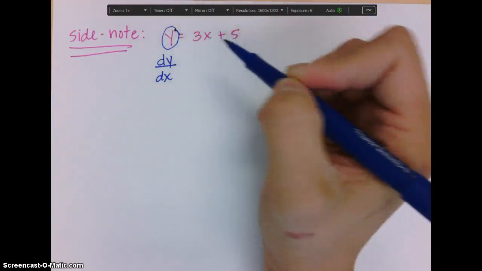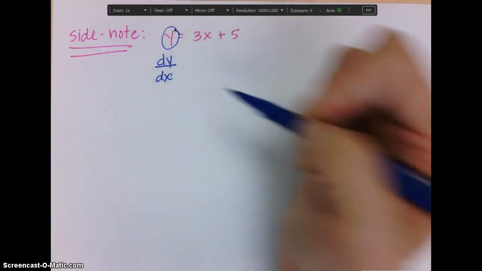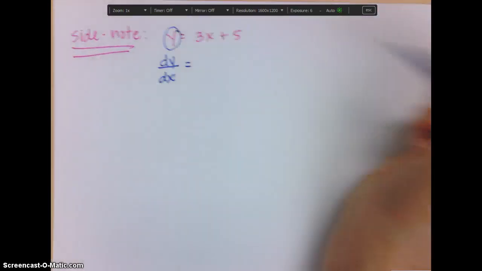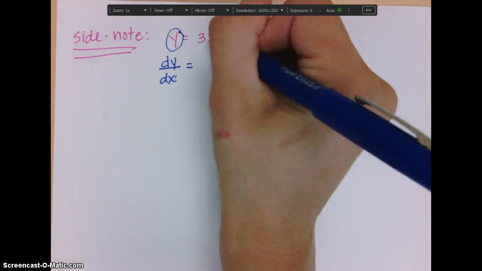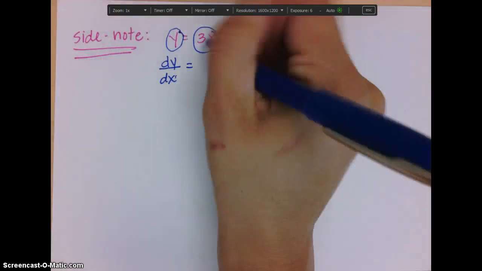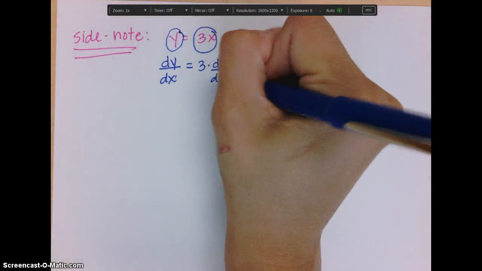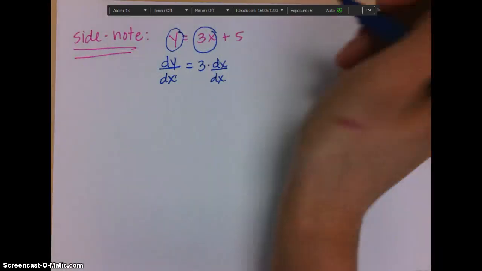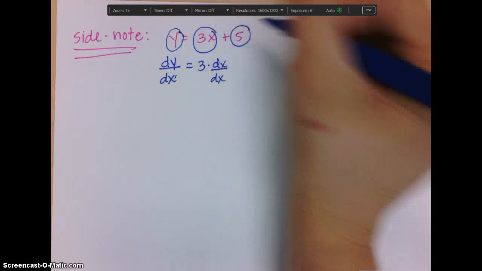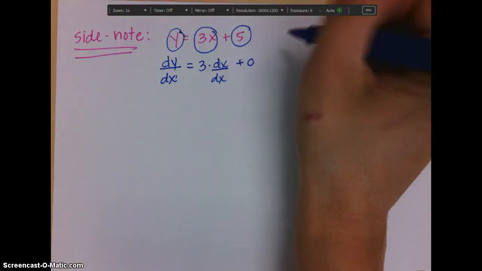It would just be a 1. And then implicit differentiation says we need to label that dy dx. On the other side of the function, take the derivative of 3x. Its derivative is 3. We took the derivative of x with respect to x. So we're labeling it with that implicit differentiation notation. Here we're going to take the derivative of 5, and since it's a constant, it's just going to be 0.